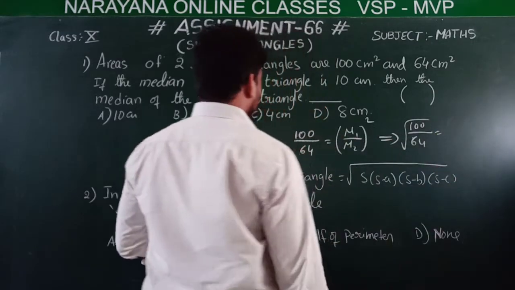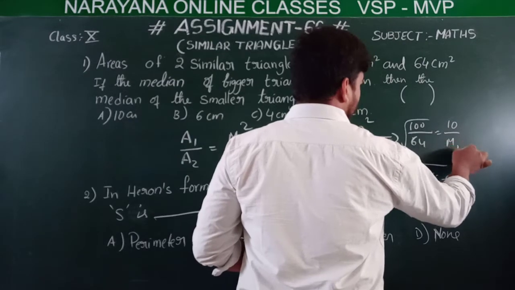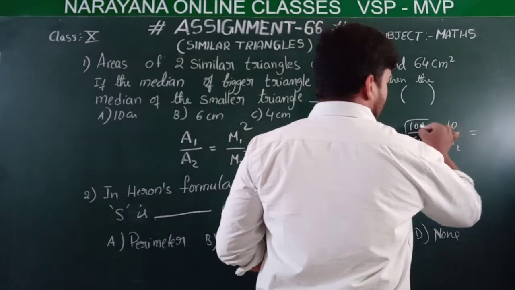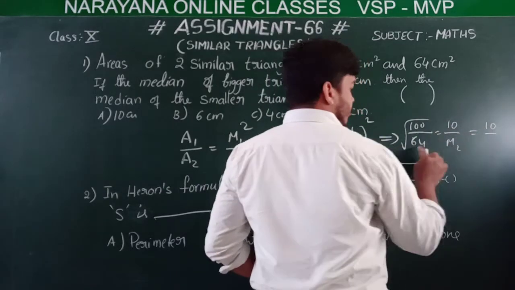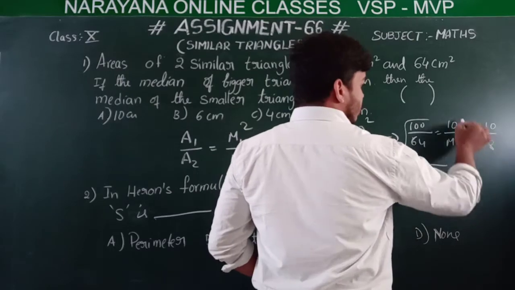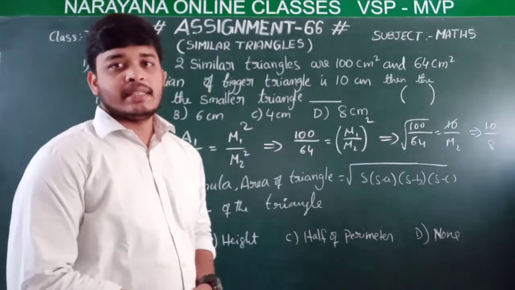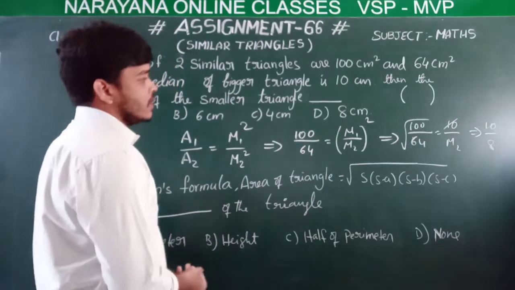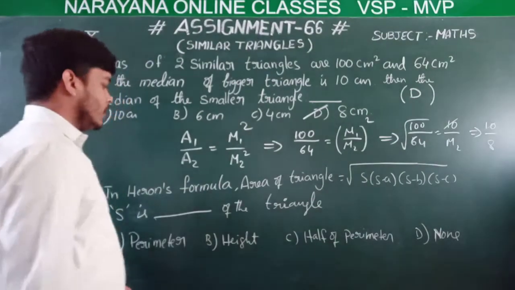M1 is given as 10, so 10 by M2 equals root 100 which is 10, by root 64 which is 8. So 10 gets cancelled. Median 2 is equal to 8 centimeters. So option D.